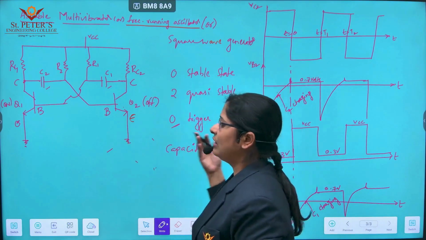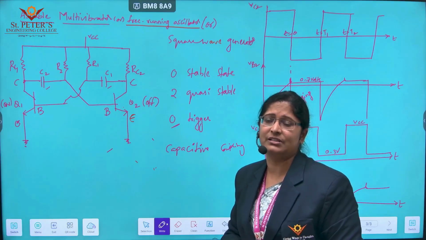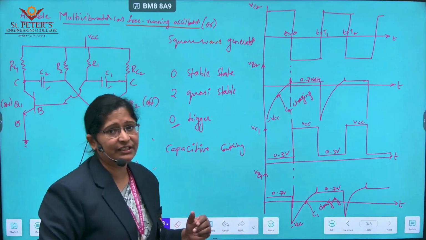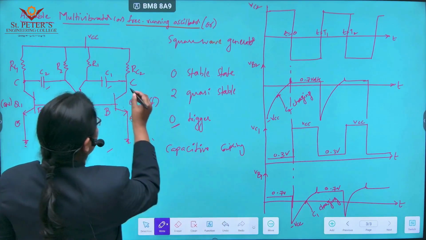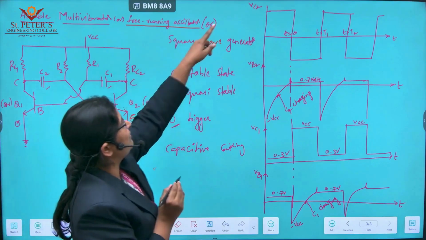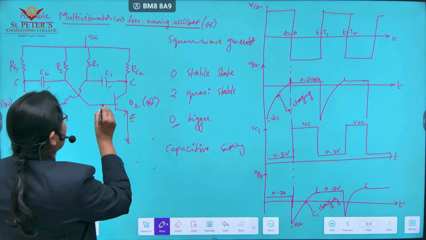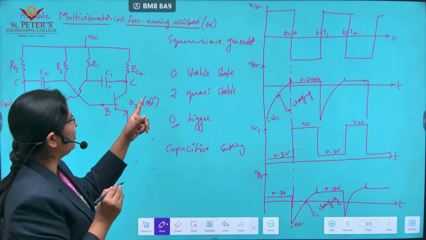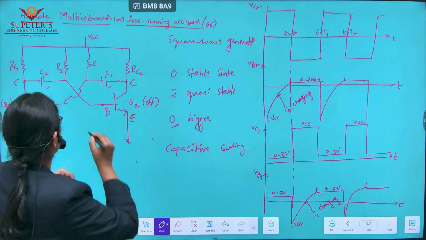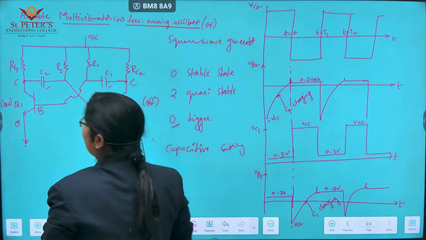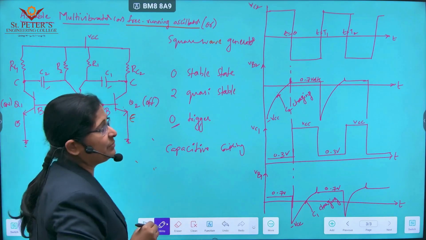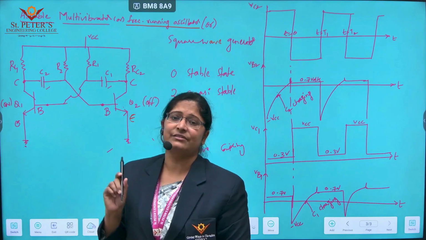Before understanding the working principle, here are the 4 waveforms I have drawn. We are collecting 2 output waveforms: one at the collector terminal of transistor 2, named VC2, and the waveform of the base terminal of transistor Q2, which is VB2. And we take the output at the collector terminal of the first transistor, VC1, and the base terminal of the first transistor, VB1.